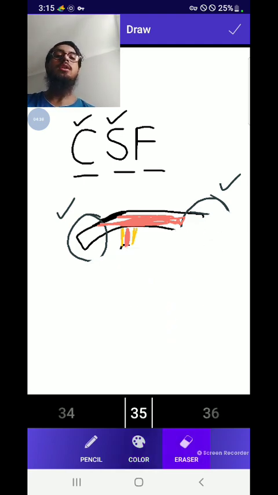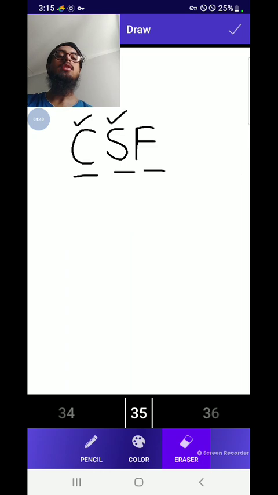Now I tell you the properties of the CSF, the specific gravity of the CSF, and what nutrients are present in the composition of the CSF. First, the properties.